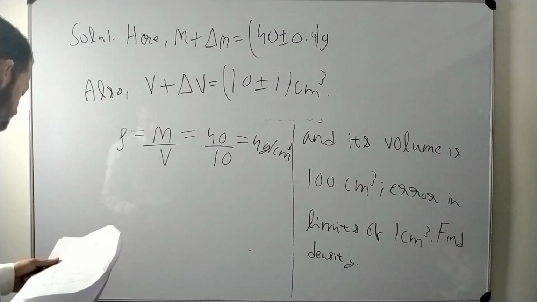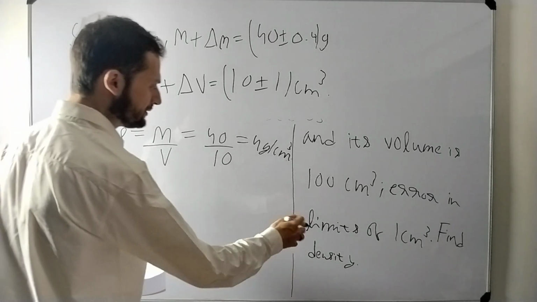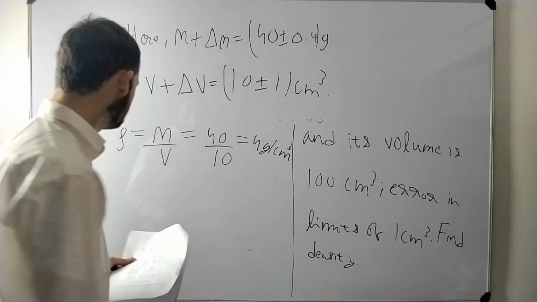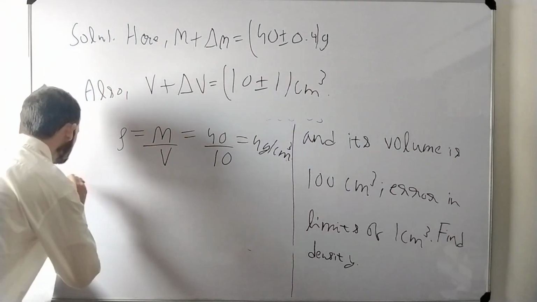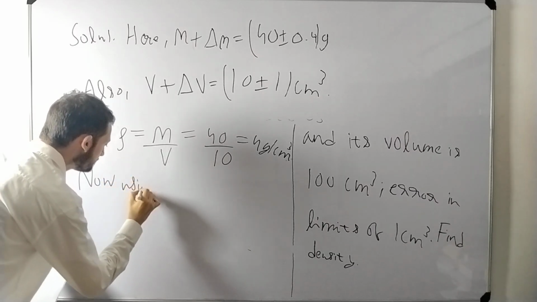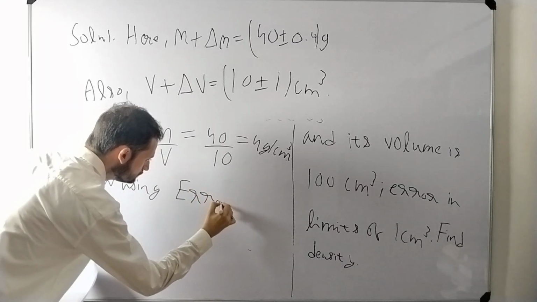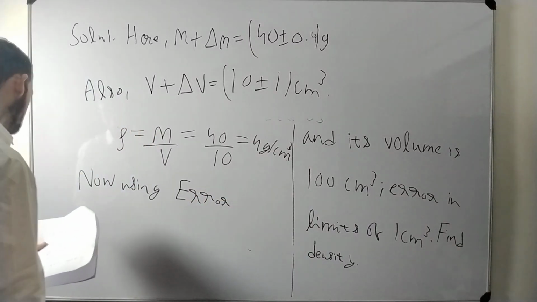So rho is here. Now, but we have to find the total density with the error limits. Okay, students. Now using error formula.